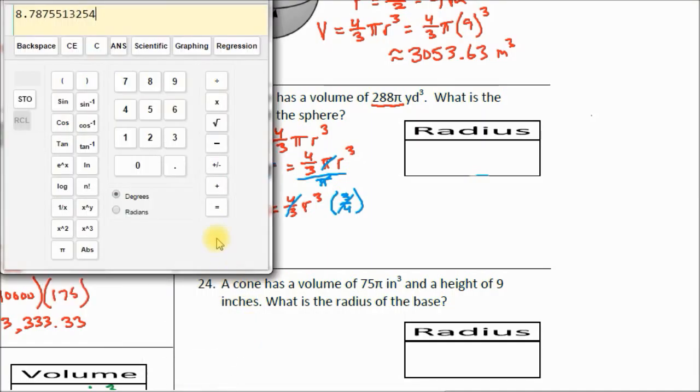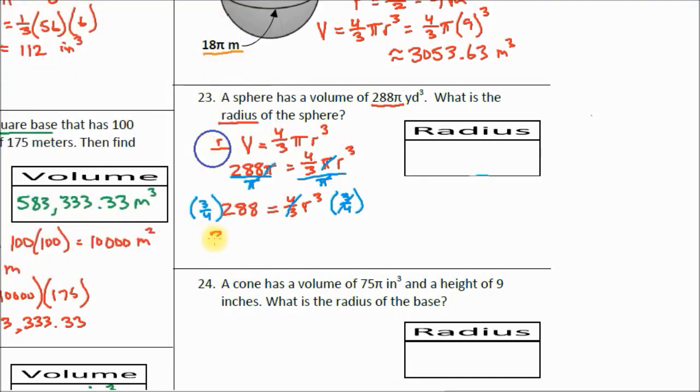Let's go ahead and find out what 3/4 times 288 is. That is equal to 216. So this side changes to 216. And now we've got 216 equals r cubed.